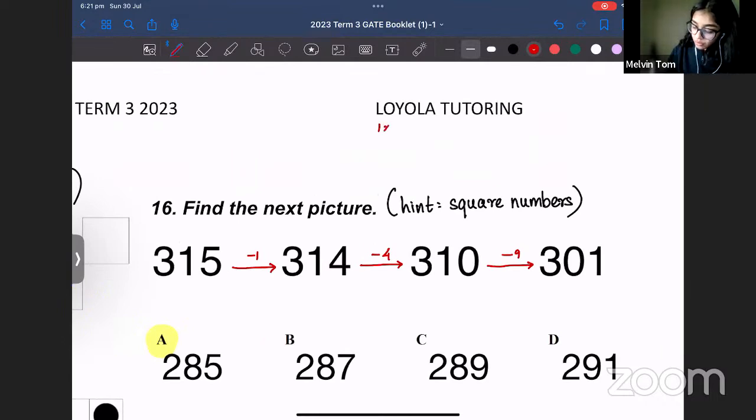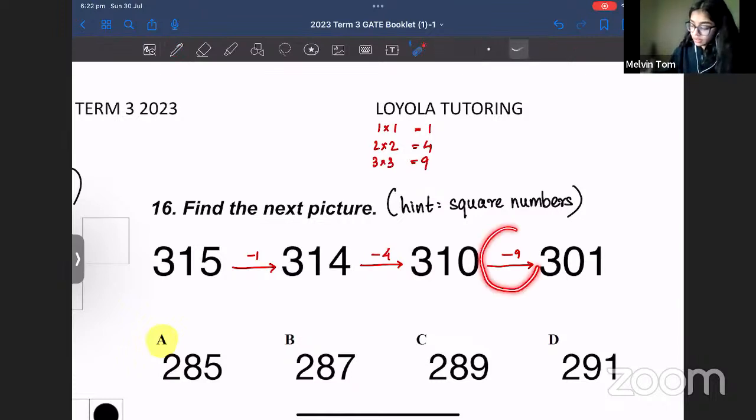Now, this is just square numbers. I'll tell you how. 1 times 1 is 1, which we've got right here. 2 times 2 is 4, which we've got here. 3 times 3 is 9, which we've got again here.